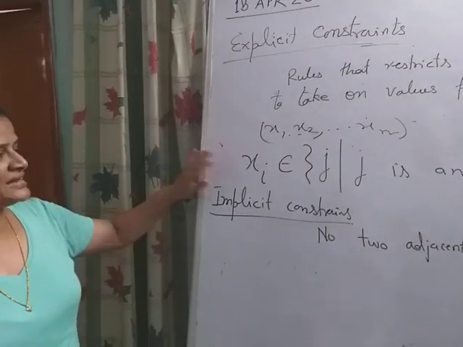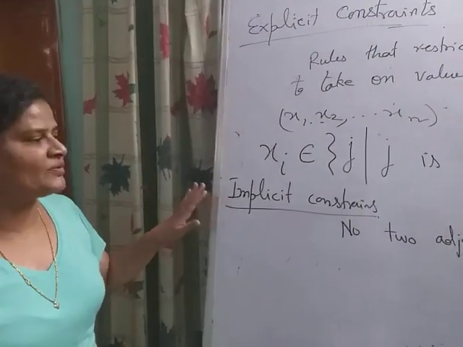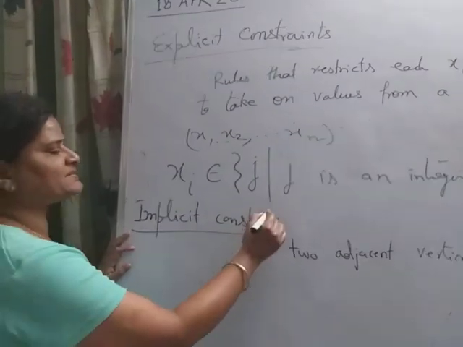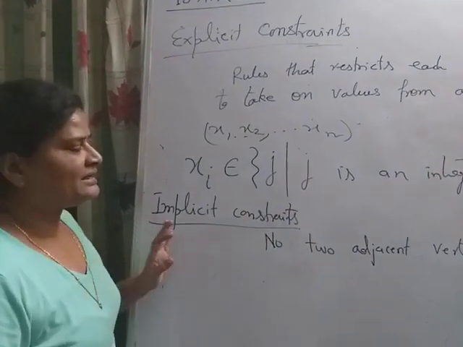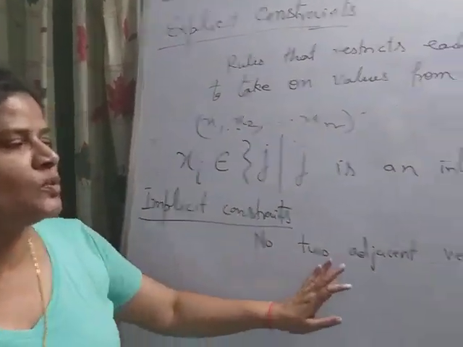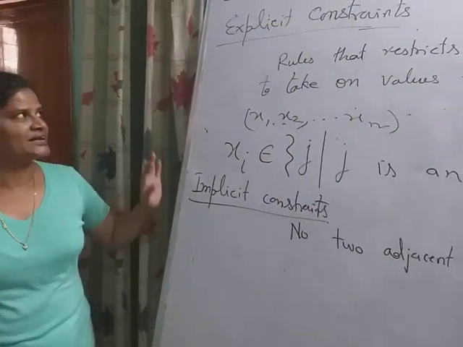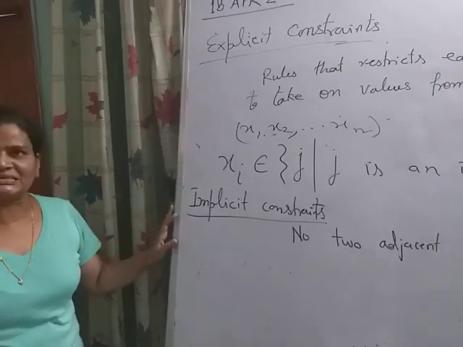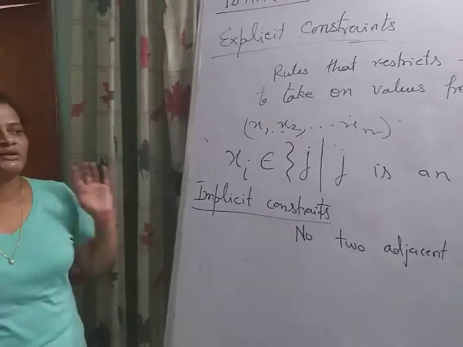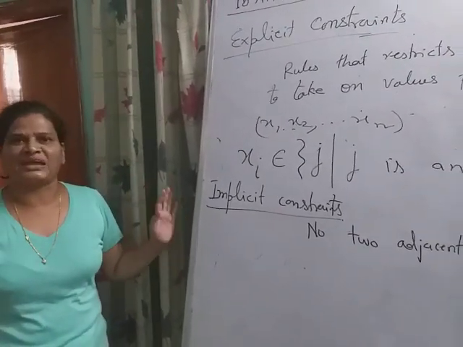And the implicit constraint is simply that no two adjacent vertices are of the same color.